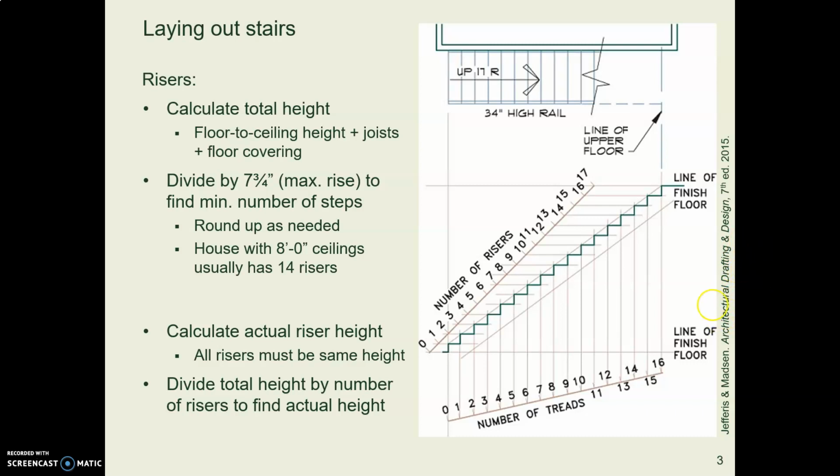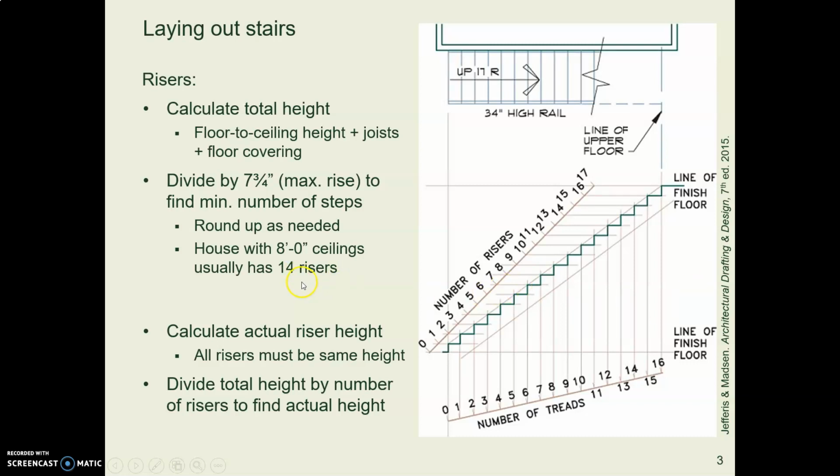So first thing to do is take your total rise, that total height from first floor to second floor, divided by 7 3/4 to find out how many steps you'll need at least. You'll need at least that many. And then round up.